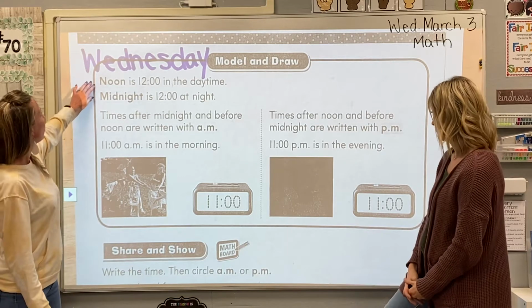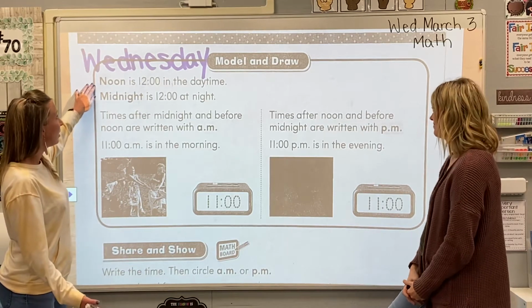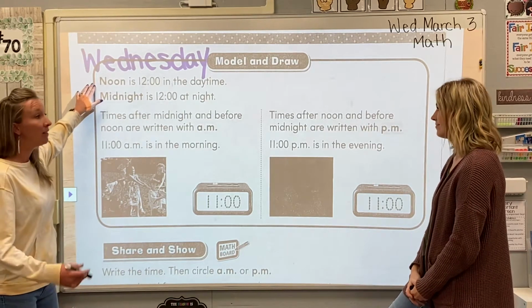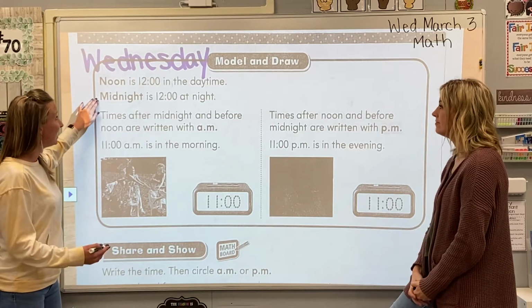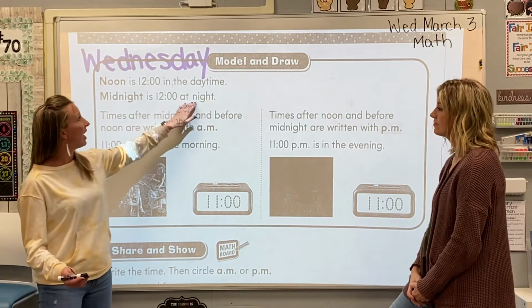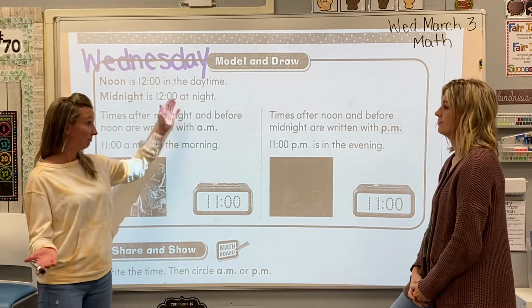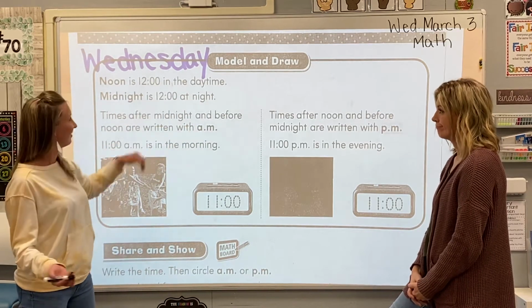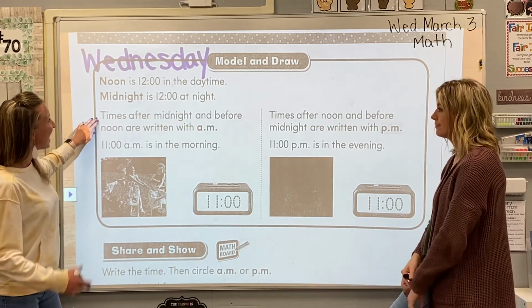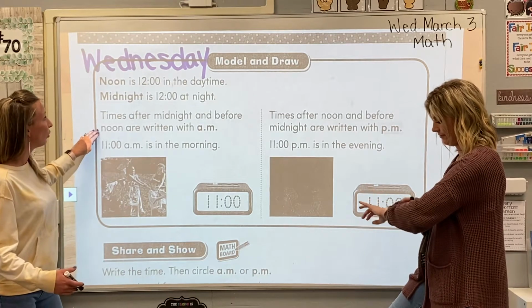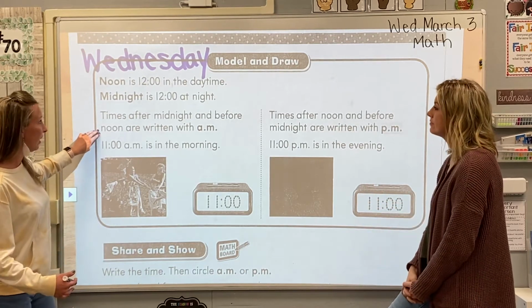At the beginning of our worksheet, it says that noon is 12 o'clock in the daytime. Midnight is 12 o'clock at night. We're usually sleeping. All right. Times after midnight and before noon are written with AM.